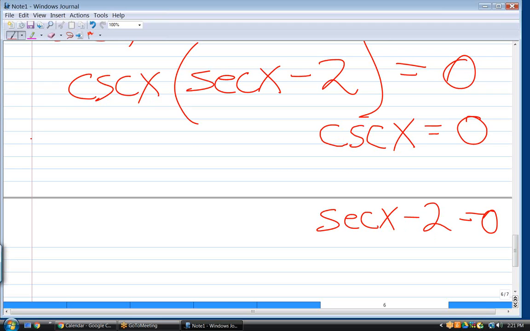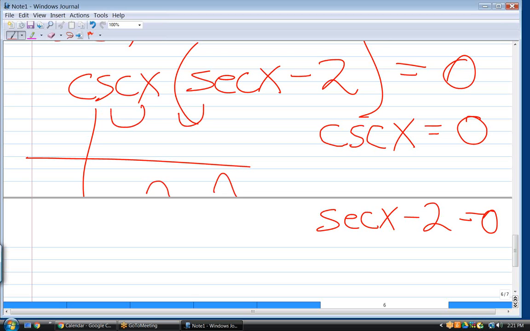Well, cosecant x equals 0. Where does that occur? Wouldn't I flip it over and do the inverse? Well, this is what the cosecant looks like.